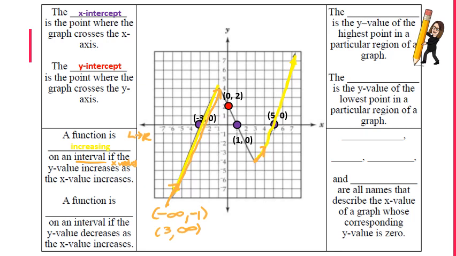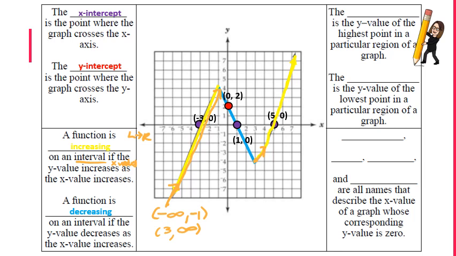And then we're looking at where it changes direction. So let's look at the opposite. A function is decreasing over an interval if the y value decreases as the x value increases. So it just makes more sense visually. I'm decreasing as I read left to right here on this blue segment, okay? So again, I need to describe that somehow.